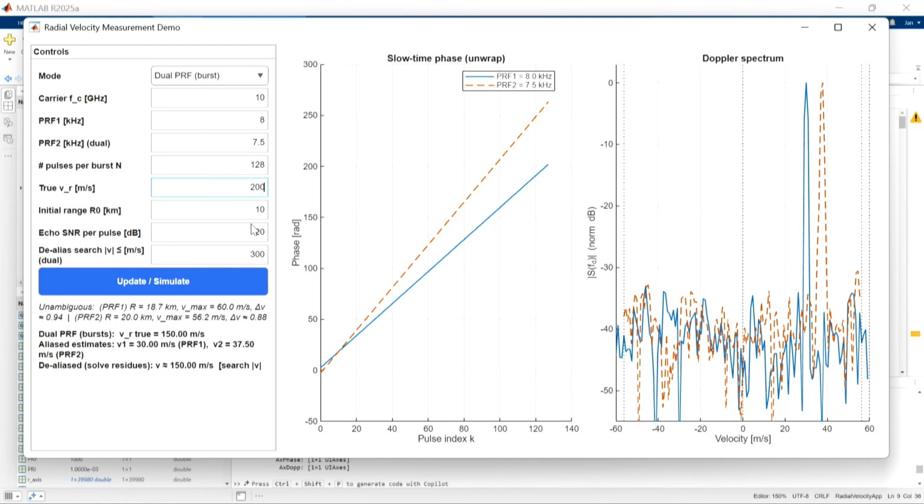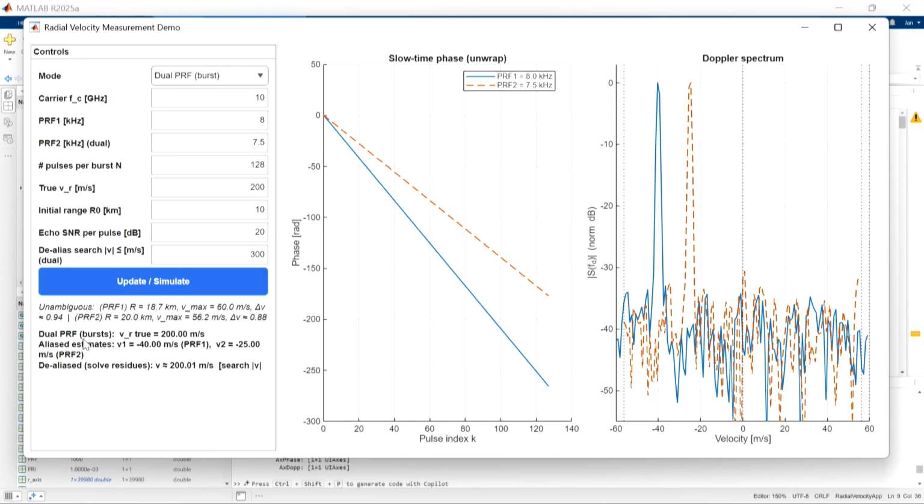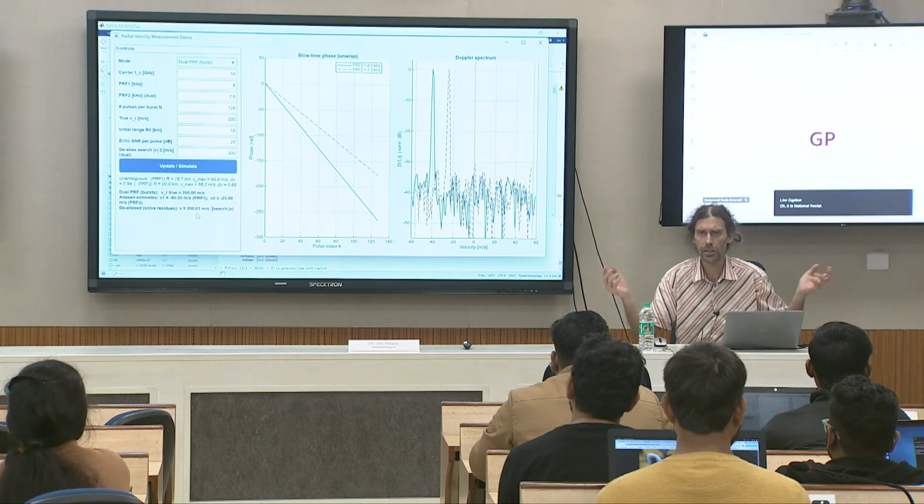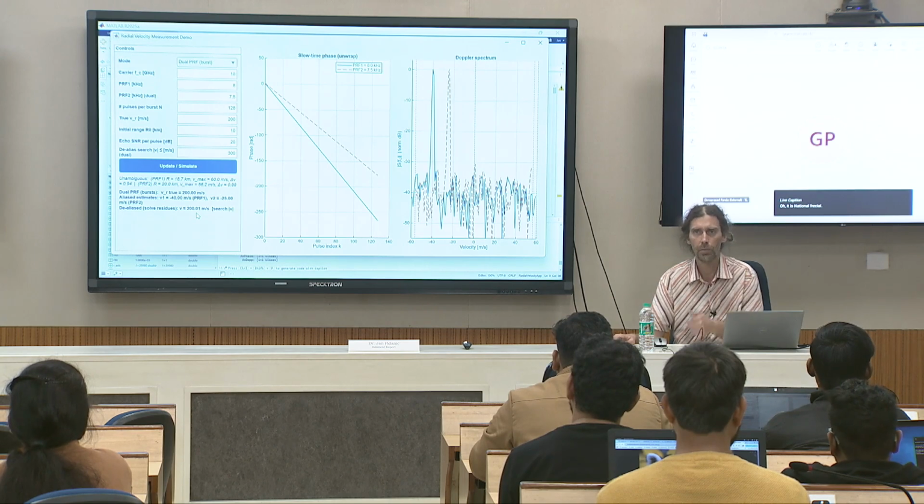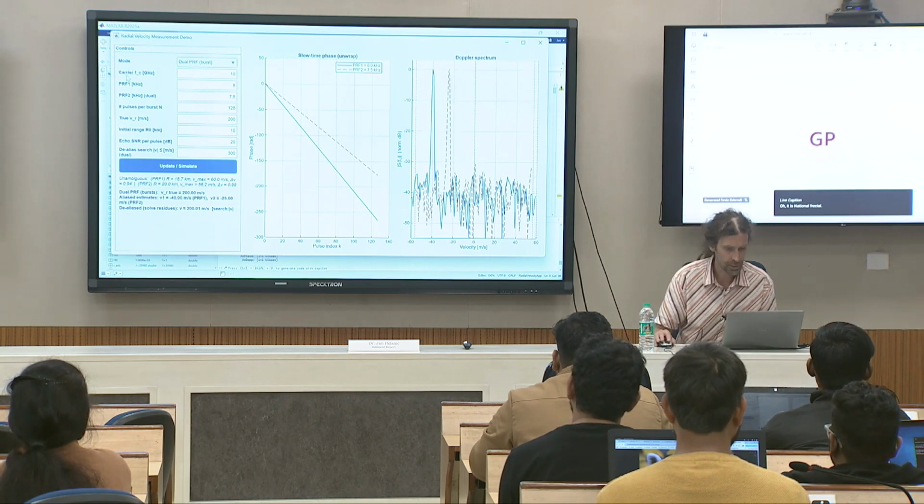If I put, I don't know, 200, there are two ambiguities. The first PRI shows me that speed is minus 40, the second shows minus 25. After the de-aliasing, we get the right value, 200. So it works exactly the same as for range, only it is solving ambiguity for speed.